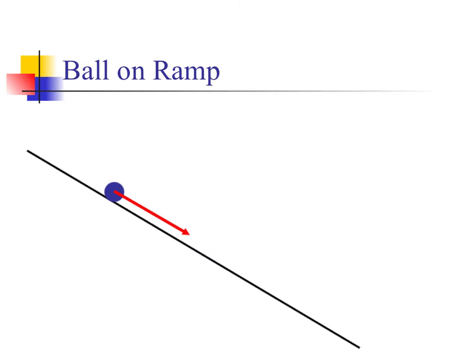Now, Galileo says that if I have a ball go down a ramp, it will go up a similar ramp and should go up to the same height or very close to it. It doesn't always work that way because we know of another force, and that is friction.